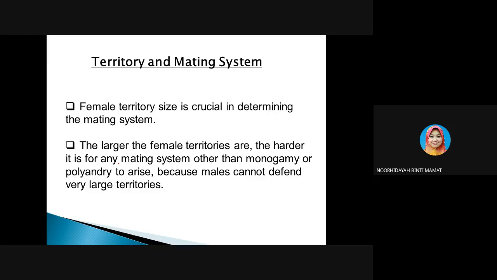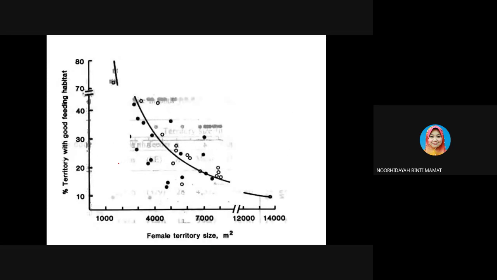So the larger the female territories are, the higher the chance for any mating system other than monogamy or polyandry to arise, because males cannot defend very large territories. This actually depends on the female territory size. Here is the percentage of territory with good feeding habitat.